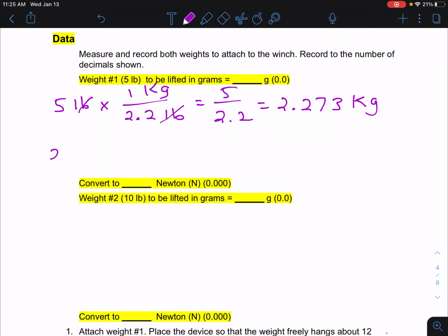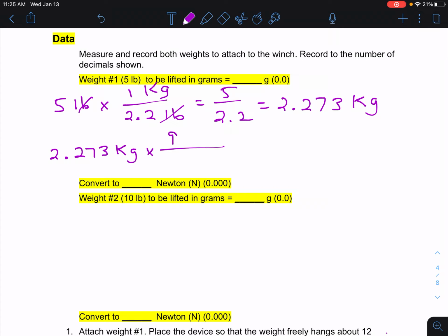So we go 2.273 kilograms, and our conversion factor for this is that there are 9.8 newtons for every 1 kilogram. This is the same conversion that we did when you ran up the stairs and had to convert your weight from pounds to newtons.